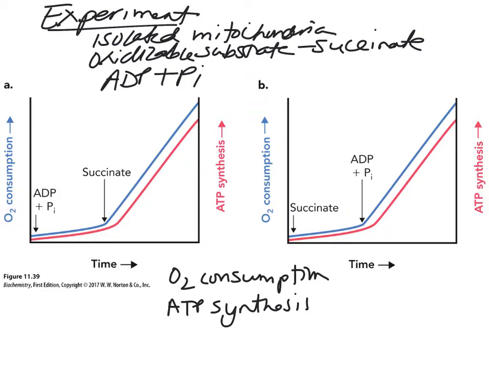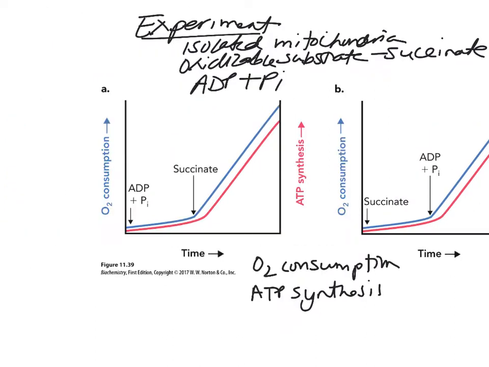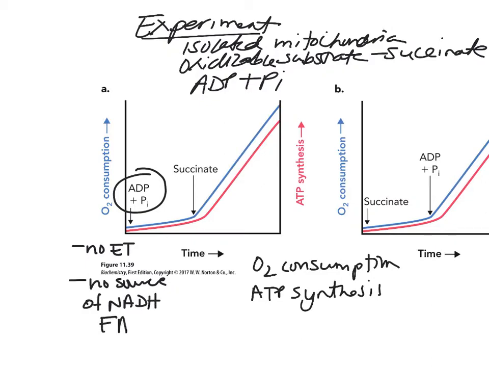So if we look at the first graph in A, the blue line is showing oxygen consumption. So we have mitochondria, right? We add a little bit of ADP and inorganic phosphate, and some oxygen is consumed. But you can see it's happening at a very slow rate because we don't have electron transport, because we have no source of NADH and FADH2.